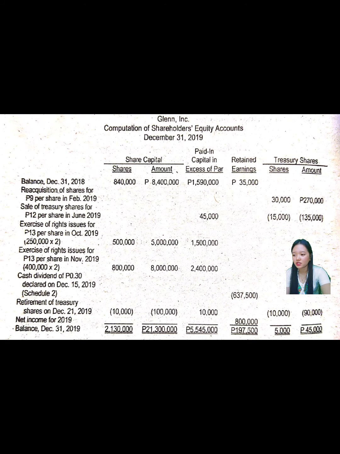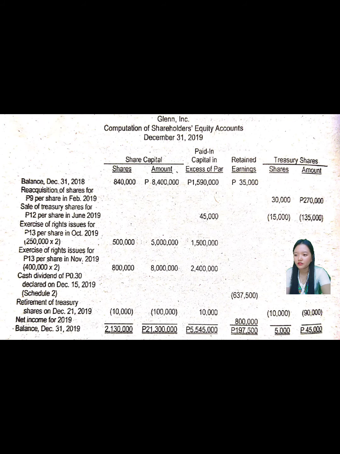So next is the cash dividend of 0.30 pesos declared on December 15, 2019. Our retained earnings has a deduction of 637,500 pesos. And next is a retirement of treasury shares on December 21, 2019.